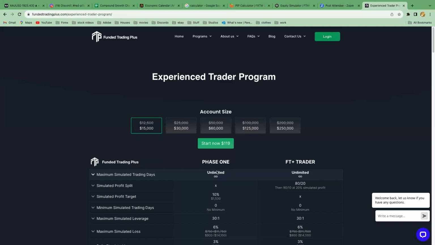Now, why I love this firm and why I picked this firm first before anybody else, is because they were the first firm I saw that was very close to my Forex Funds and FTMO. And they were the only ones I could see at that time that had no time limit to pass your prop firm account, which is obviously important when I'm trying to tell people that don't have a lot of capital to trade. They need to be doing something like this, because everything I teach you is to help your psychology.